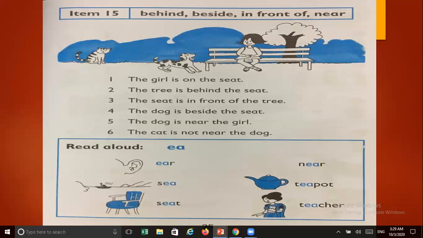There is a distance. So the cat is not near the dog. You have to learn the spelling also, and please try to understand what is the meaning of behind, beside, in front of, and near.